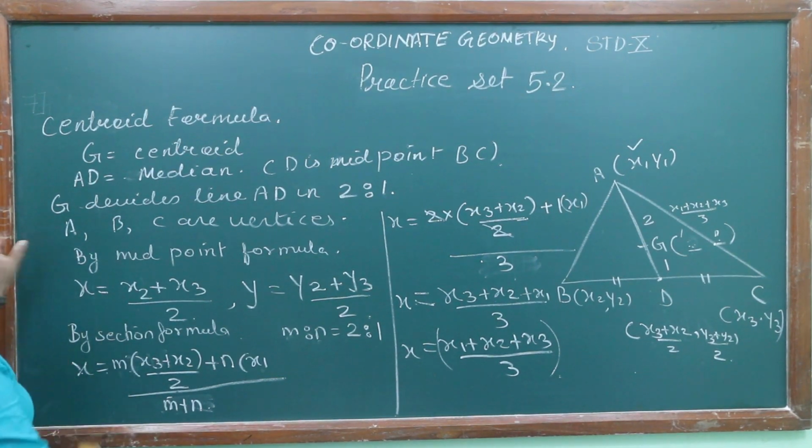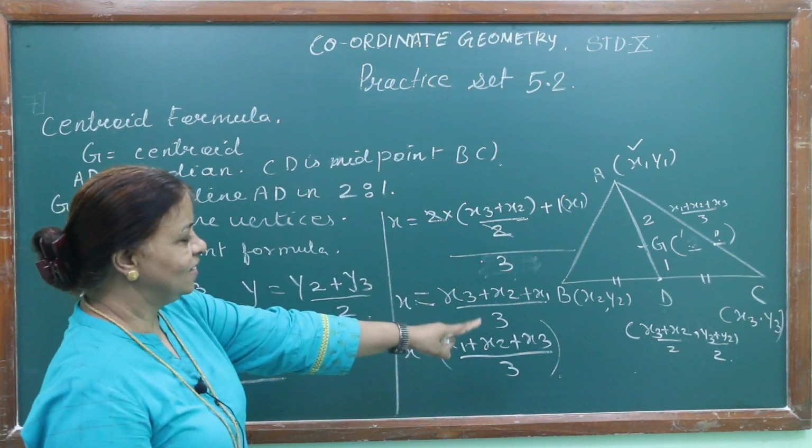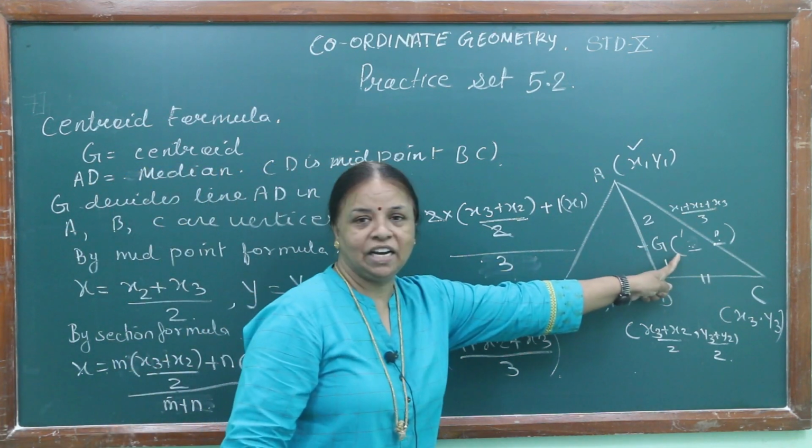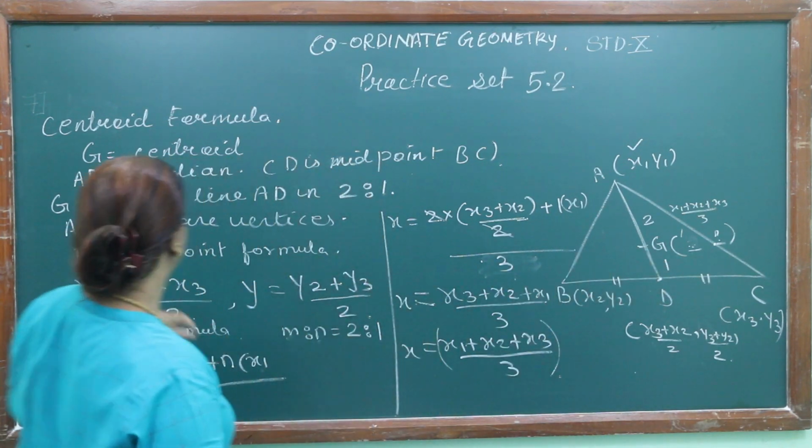Now let me rub this out to find the y coordinate, children. We have got only the x coordinate of point G; now we will get the y coordinate.